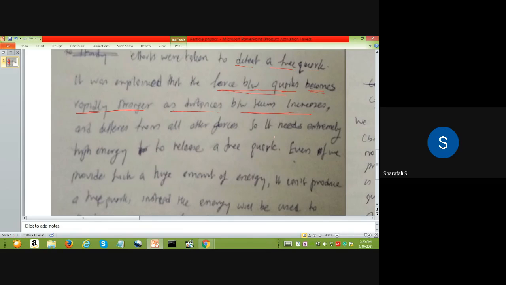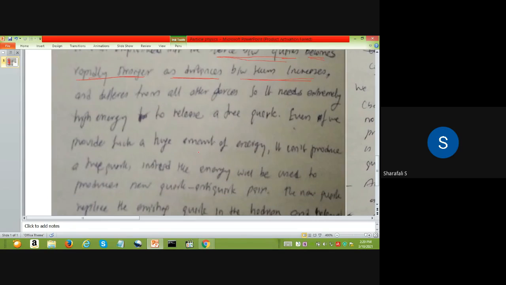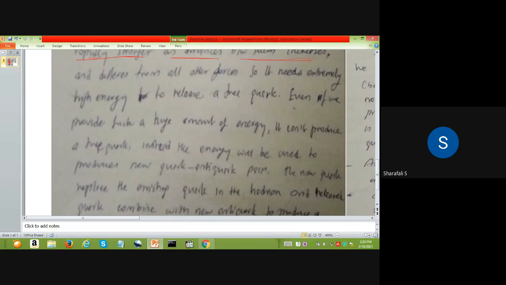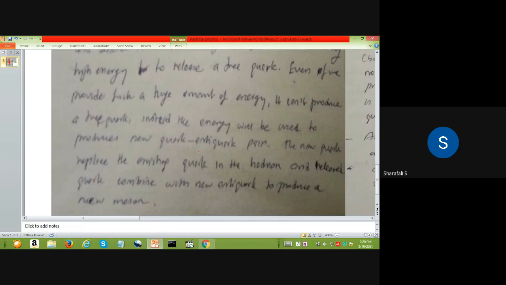We need extremely high energy. Even if we provide such a huge amount of energy to separate those quarks and make one free quark, it will not be possible. It cannot produce a free quark.